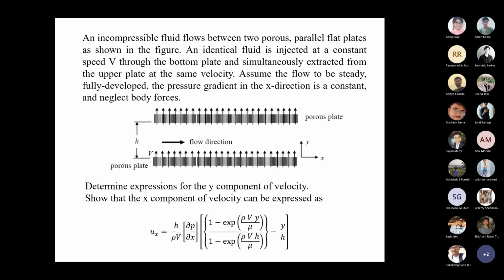This is a slightly modified version of that, in which, apart from the solvent flow out through both the plates, I have a condition in which we have injection and suction at the bottom and at the top plates.